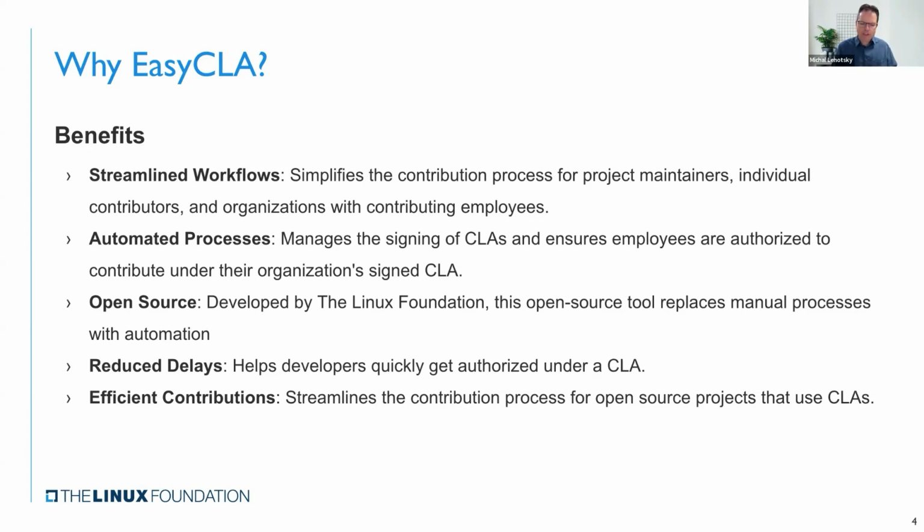If it's a corporate, it's slightly different, because this corporate needs to be approved by somebody who is managing these corporate contributors. However, we have an option even for these corporate contributors.